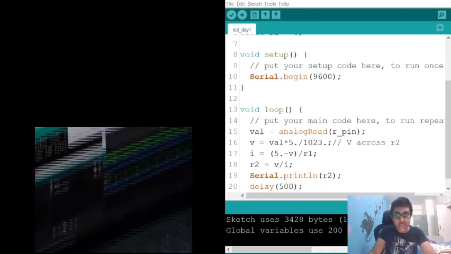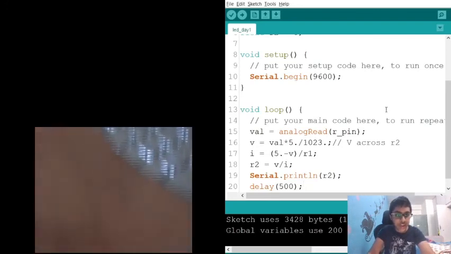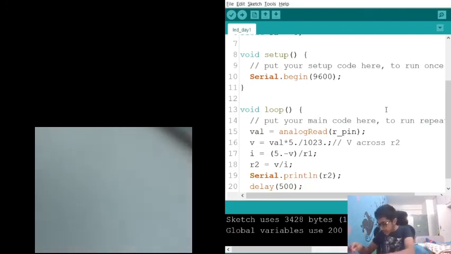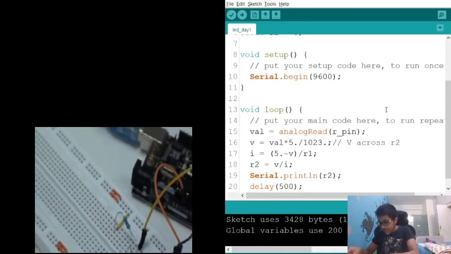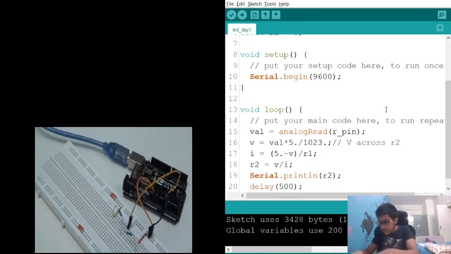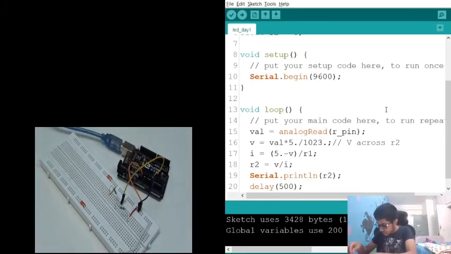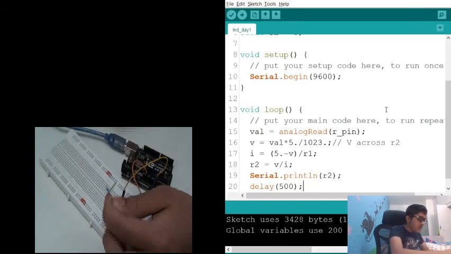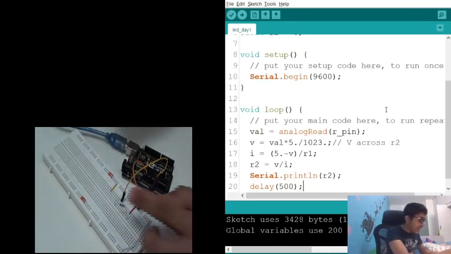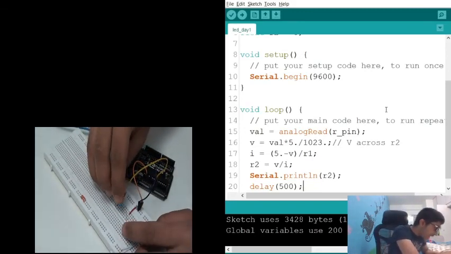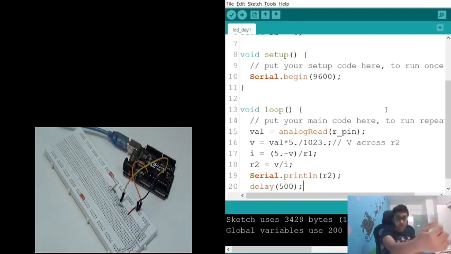What we're gonna do is, let me just quickly disconnect the Arduino and let's put another resistor to the test. Let's choose a 2k ohm resistor, 2000 ohm. So the thing is, the closer the unknown resistor is to the known resistor, the more accurate things get.